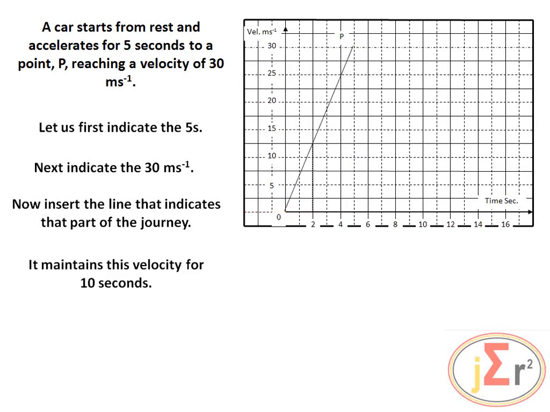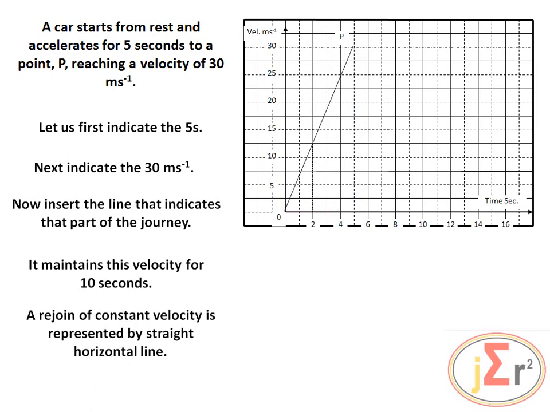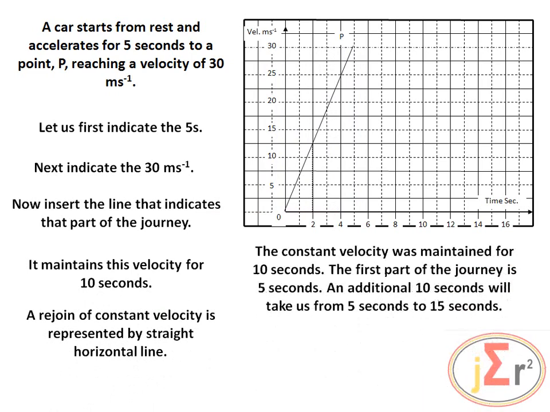It maintains this velocity for 10 seconds. A region of constant velocity is represented by a straight horizontal line. So the constant velocity was maintained for 10 seconds. The first part of the journey is 5 seconds.